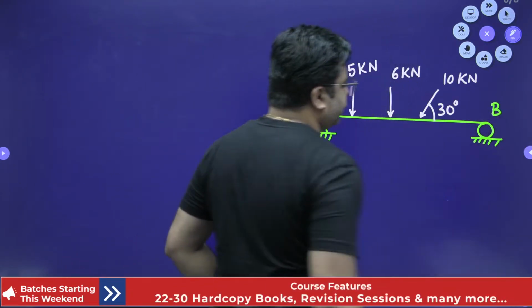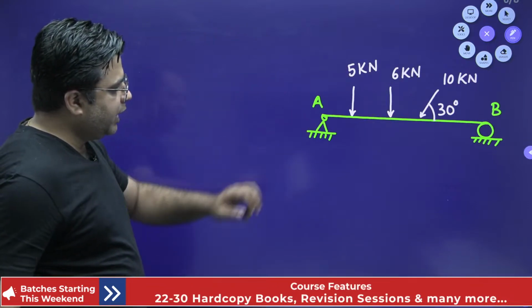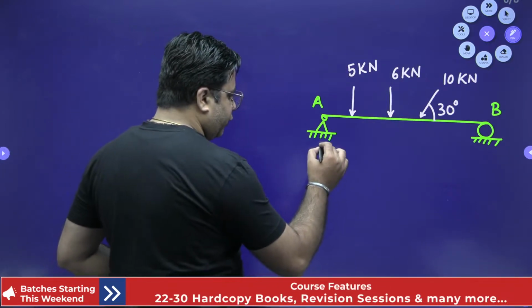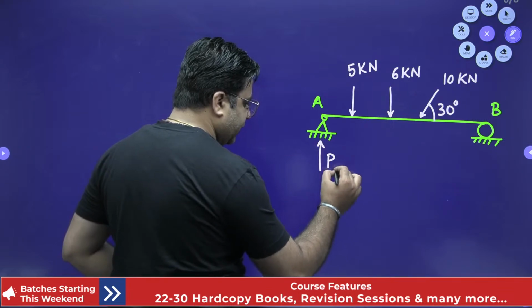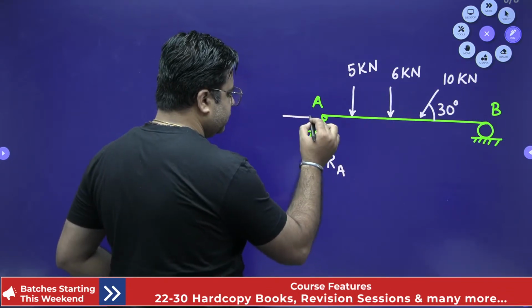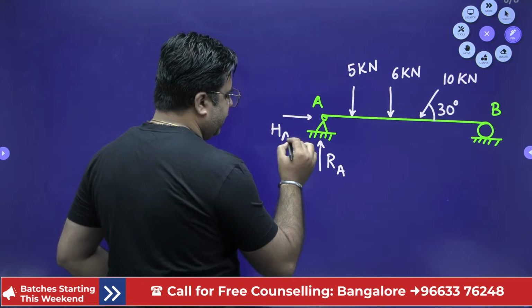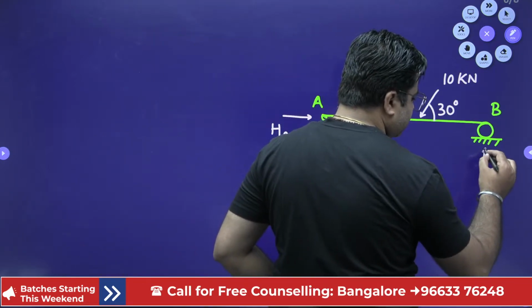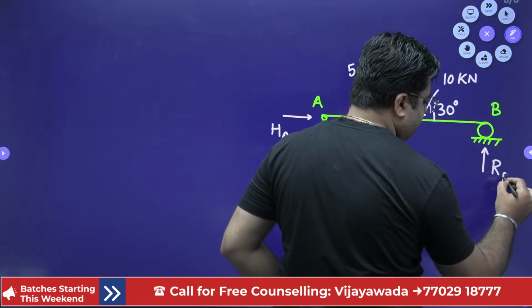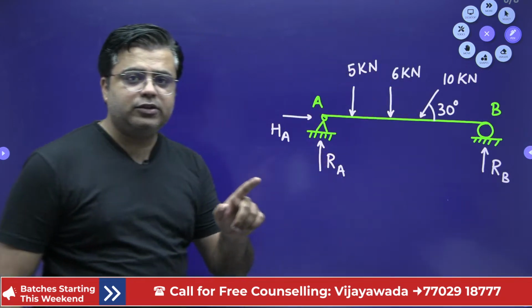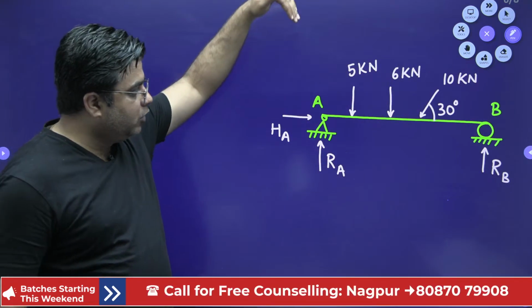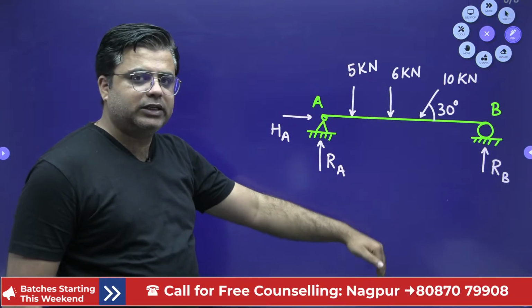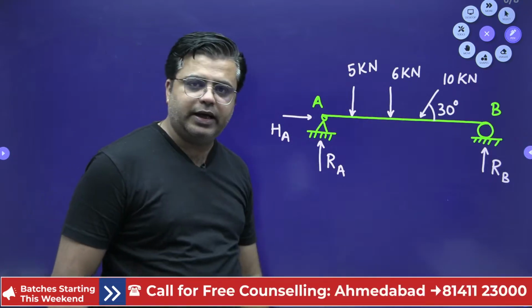Okay. So first of all, when you look at support A, you are going to have two support reactions. This is Ra and Ha. And when you look at support B, it has only one support reaction, Rb. The first thing is you should check whether all the loadings are in the vertical direction or is there any loading in the horizontal direction also.